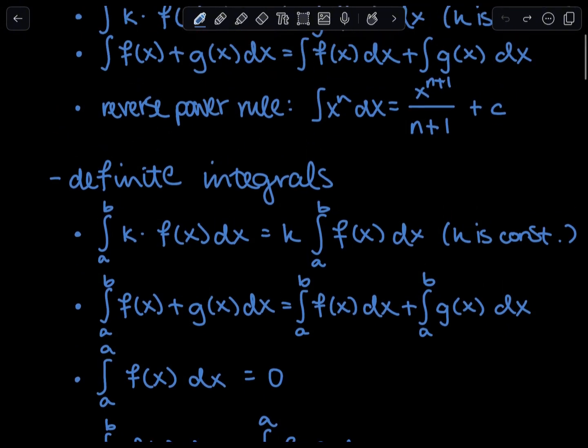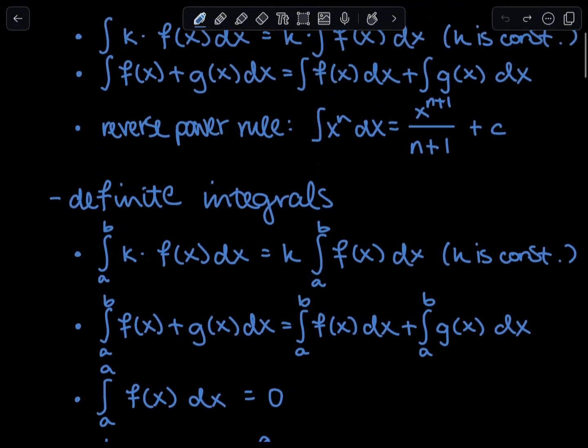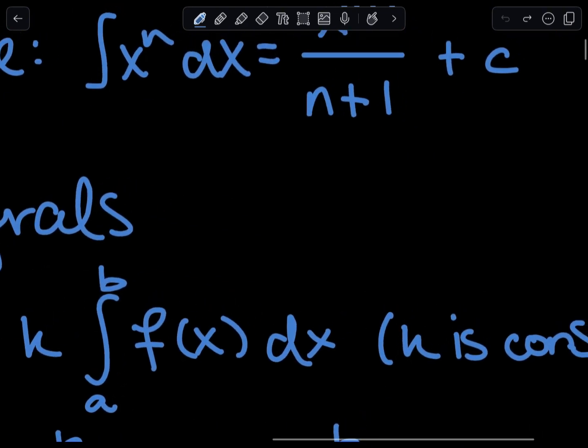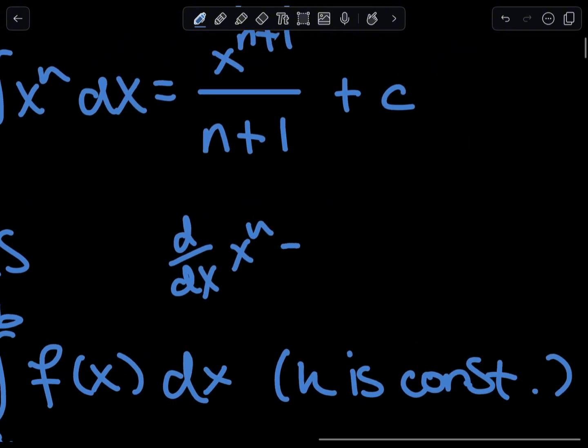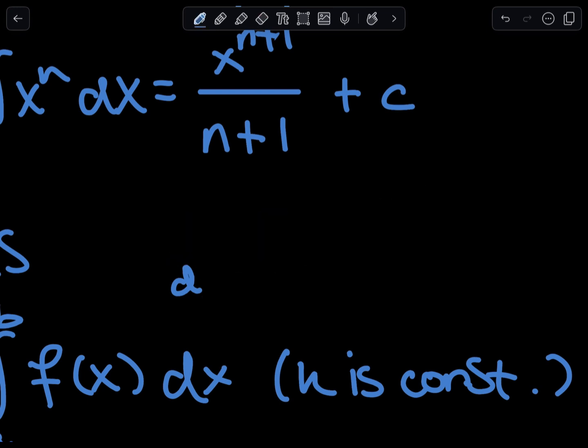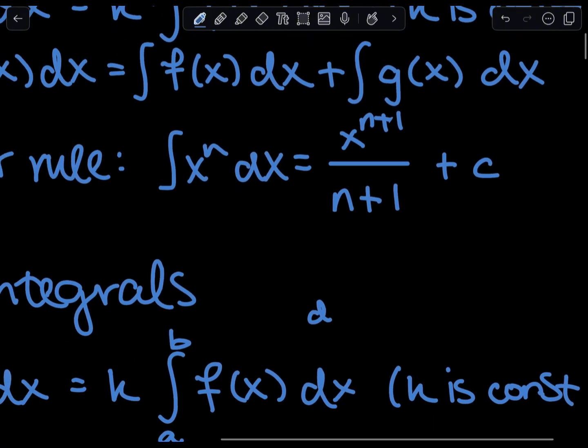Let's go back to the reverse power rule now. We learned for differentiation that if we have the derivative with respect to x of x to the power of n, that would be equal to n times x to the power of n minus 1. Okay, remember that rule? We have a similar one for integration, for the integral of x to the power of n with respect to x.